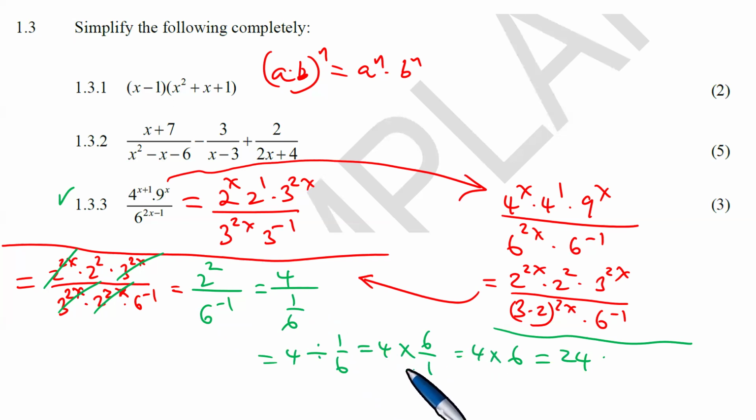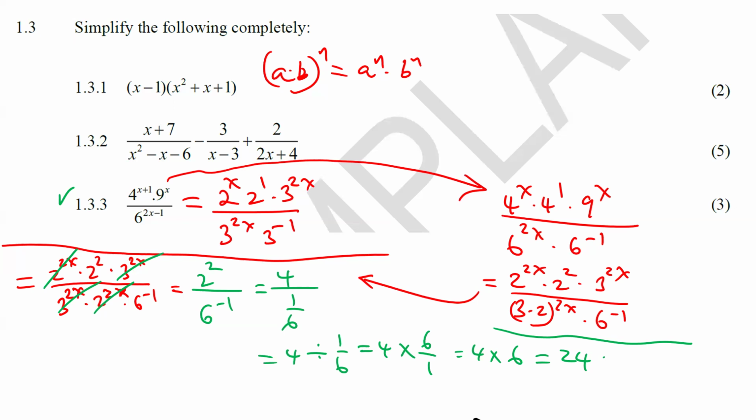We get 24. And that's the answer to the question.